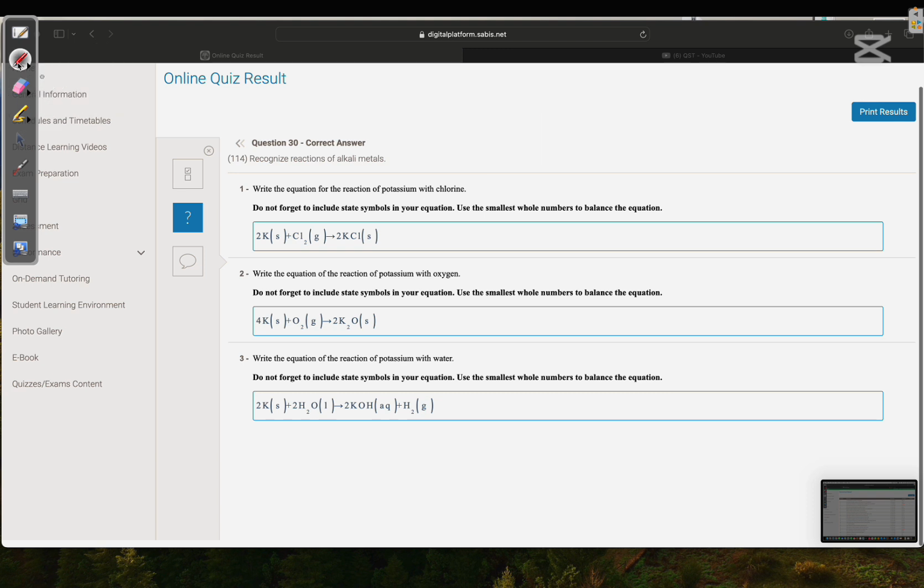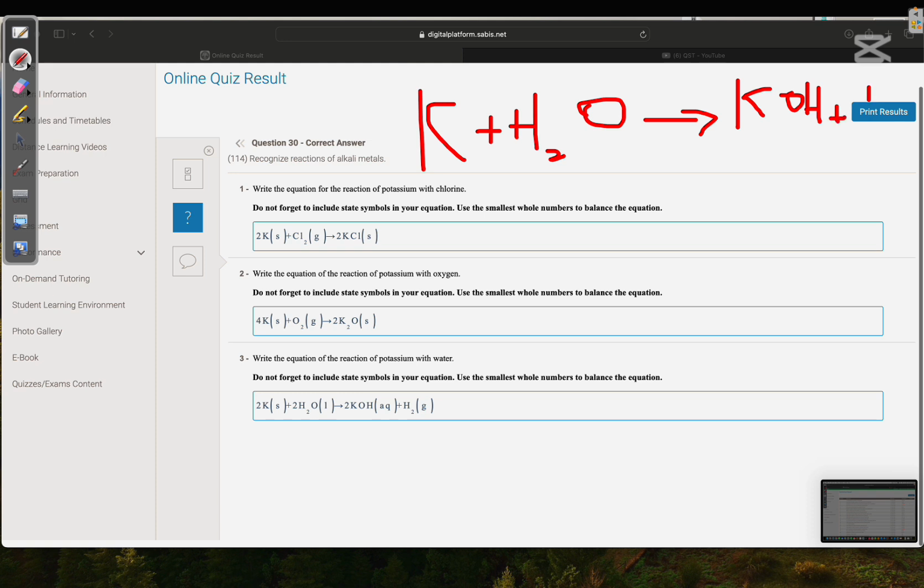Okay, the last reaction is a special reaction with potassium and water, so K plus H2O will give KOH plus H2. Okay, so now we have 3 hydrogens on this side.